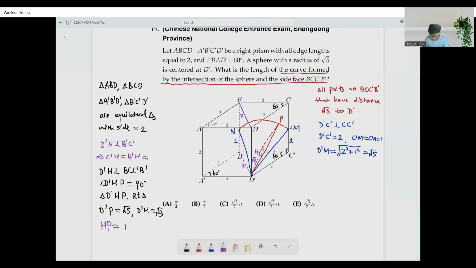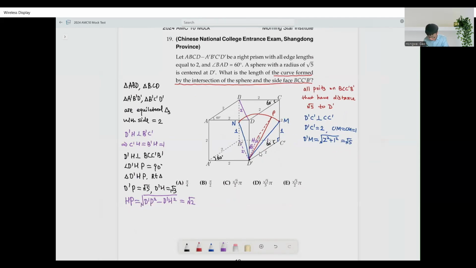Now we can find the distance from H to P. HP squared is D'P squared minus D'H squared. It's 5 minus 3, 2, so HP is root 2. So in other words, this curve is an arc of some circle with radius root 2 and with center H. The curve is an arc with center H and the radius equals root 2.